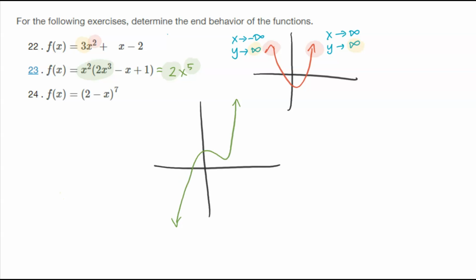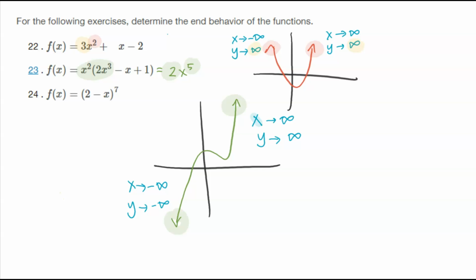As long as it's smooth and continuous, something's going on there. But all we care about for this is the end behavior. And this one says as our x goes to positive infinity, our y also goes to positive infinity. And as x approaches negative infinity, y approaches negative infinity.